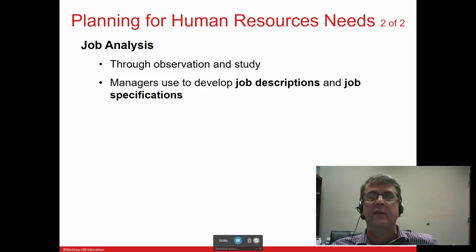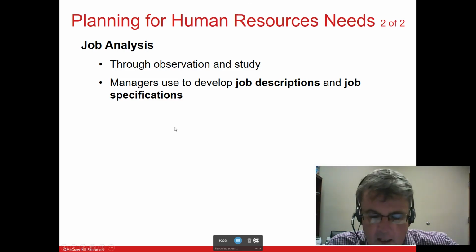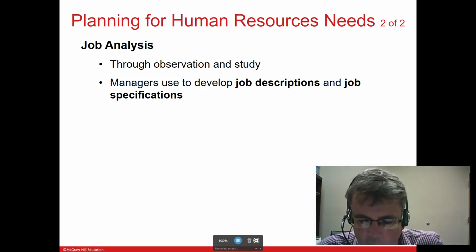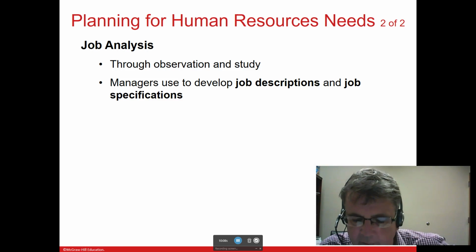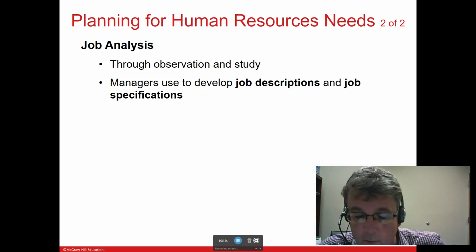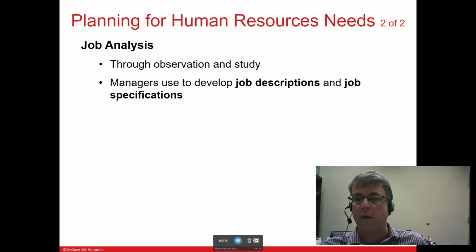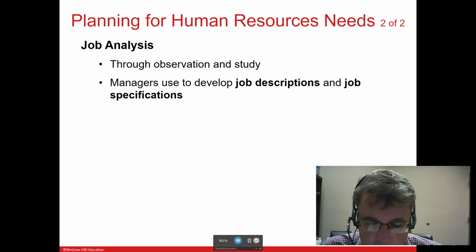Number two, the second part of job analysis is a job specification, a description of the qualifications necessary for a specific job in terms of education. Do you need a degree or not? Experience. We can't just throw someone who's never done this before. We need someone with 3 to 5 years worth of experience.